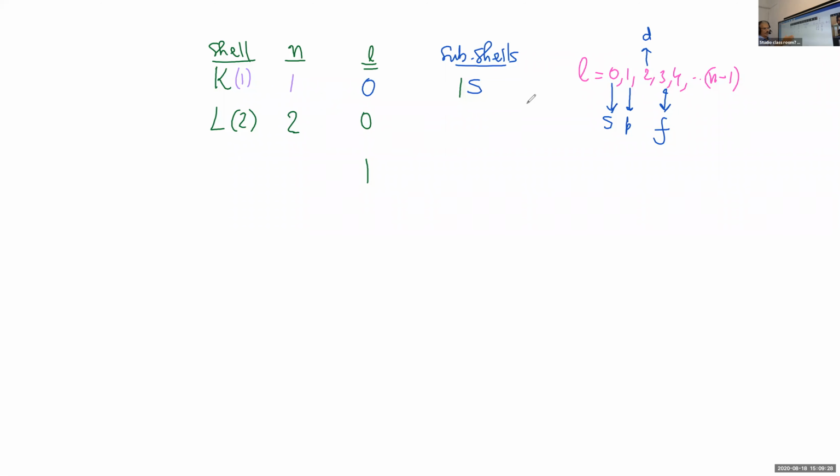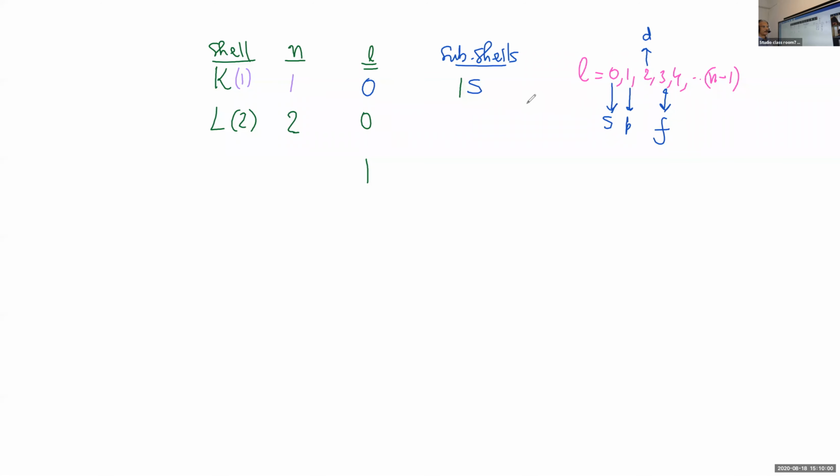Without the help of the quantum numbers, we have otherwise proved that in the second shell 2 subshells are possible, and they are named S and P. This we have already studied previously. And now we come to the same thing through another approach, the quantum mechanical approach.